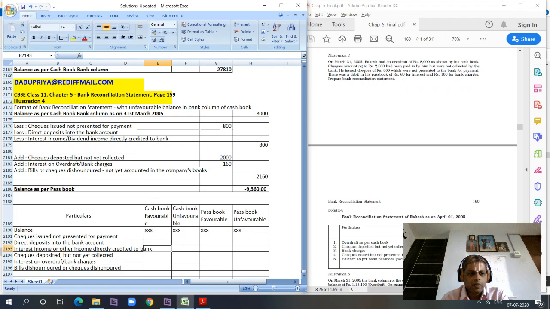Checks deposited but not collected. In case of cash book unfavorable, add. Here, add. Here, subtract. Here, subtract.